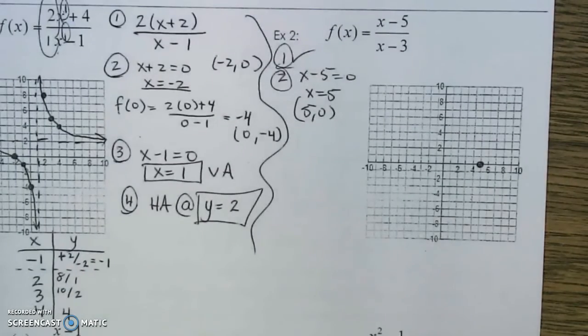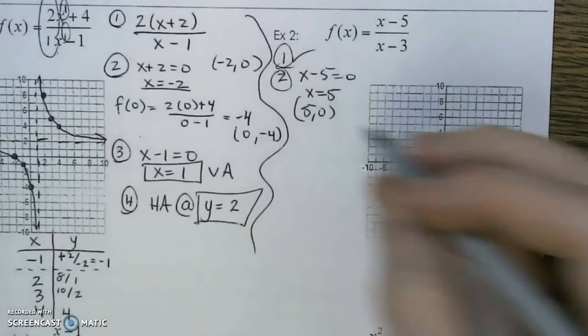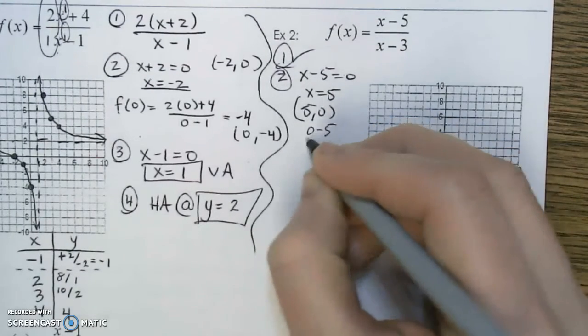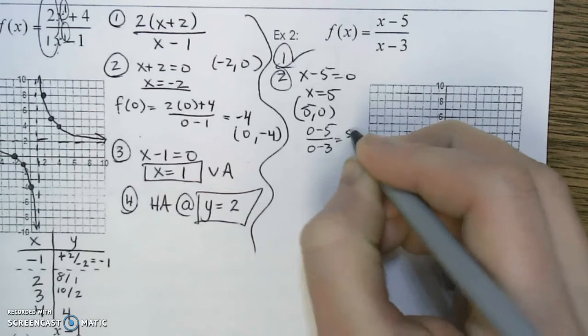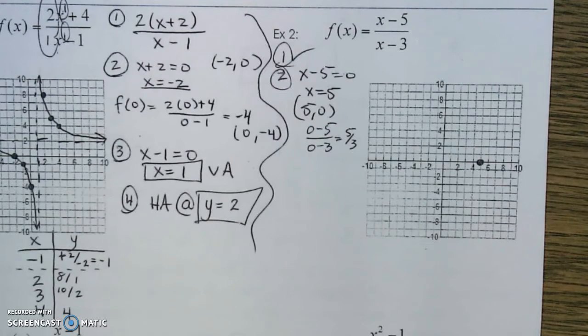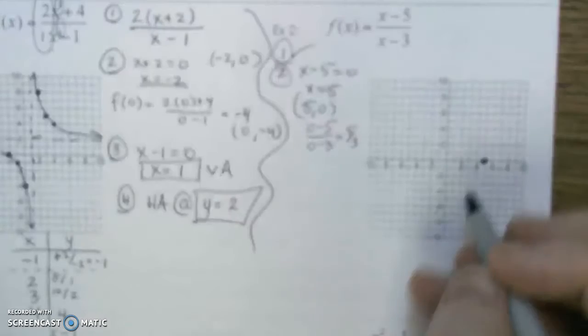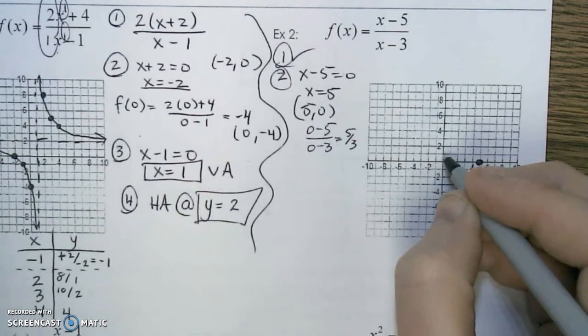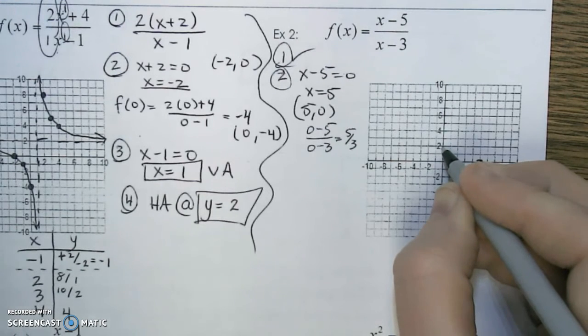And I put that on the graph. If I plug in 0, I'm going to get 0 minus 5 over 0 minus 3, which is 5/3. So if we want to plot that, that means it's 1 2/3, so we're getting close to 2.